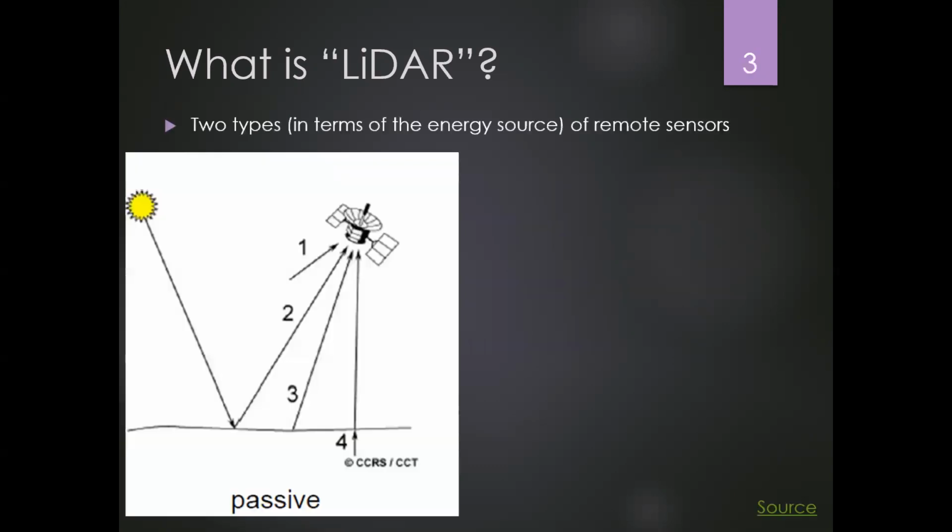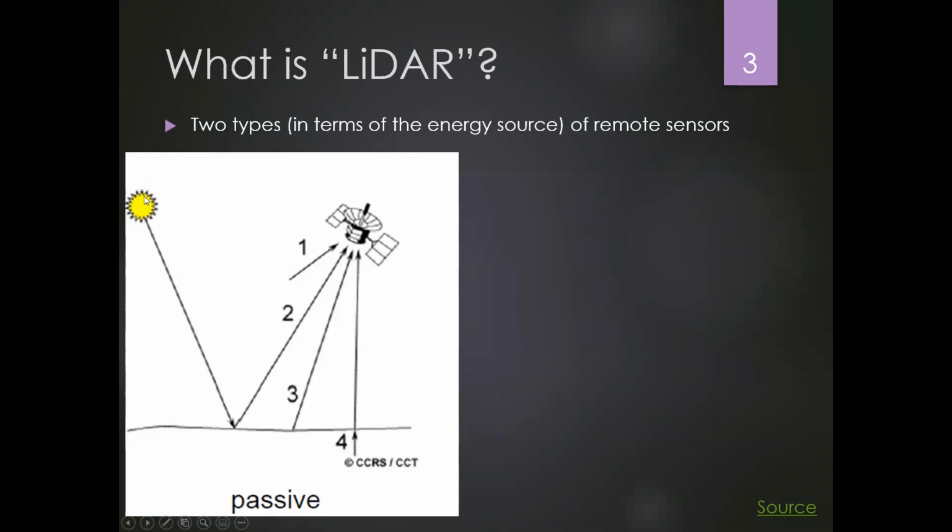Okay. LiDAR is a type of remote sensing technology, so I want to talk a little bit about the general process of remote sensing. There are two types: passive remote sensing and active remote sensing. The figure I'm showing right now is the general process of passive remote sensing. Here we have the sun.